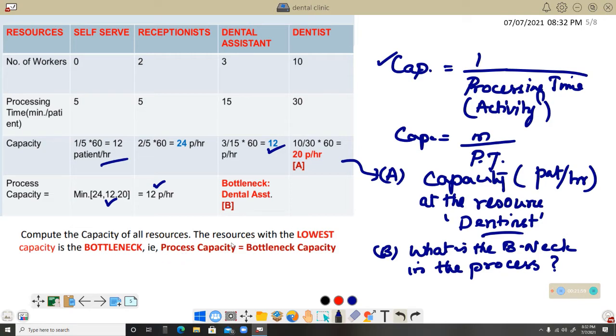So we take the lowest capacity as the bottleneck, and the process capacity is nothing but the bottleneck capacity. So we understood which is the bottleneck because that gives the minimum, which is 12 patients per hour. So clearly the dental assistant is the bottleneck. I think you are very clear with question A and question B. So let us move on to the next one.